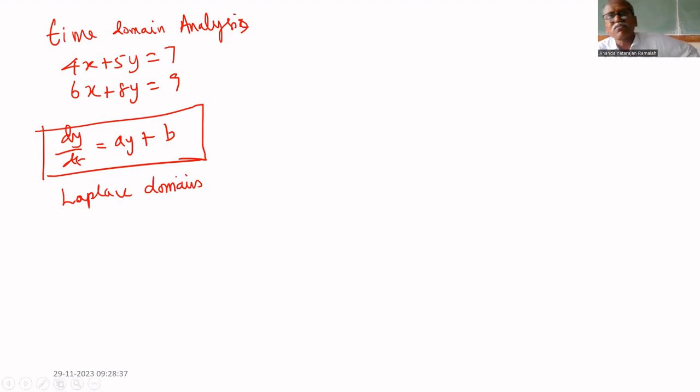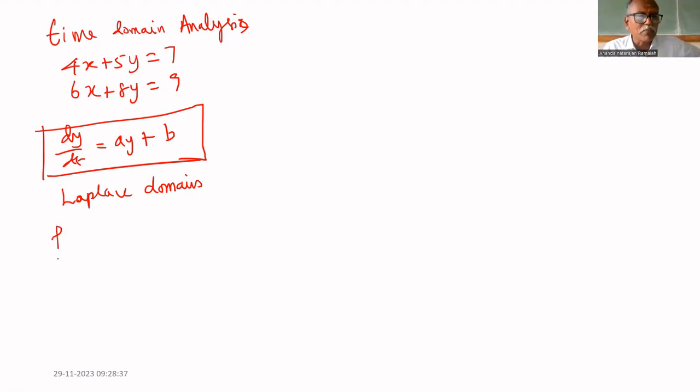Have you studied the Laplace transform? Now you are studying. Here we are going to use the Laplace transform, which is very simple. Don't worry. You need to remember some formulas, apply them and solve. So now let us use the Laplace transform to find the solution, the transient response, because if you apply Laplace, the differential equation becomes an algebraic equation.